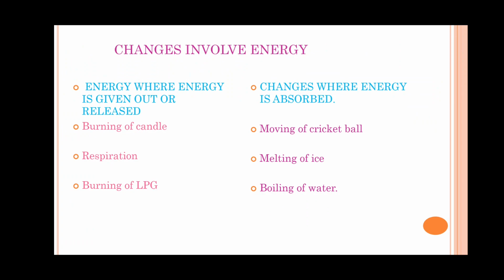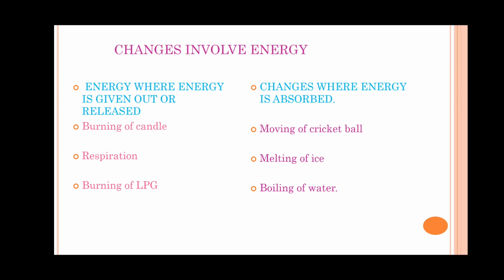Here are some examples where energy is given out or released. For example, burning of a candle, respiration, where the energy is released, and that energy is used by our body to perform various activities. And the changes where energy is absorbed, for example, melting of ice.